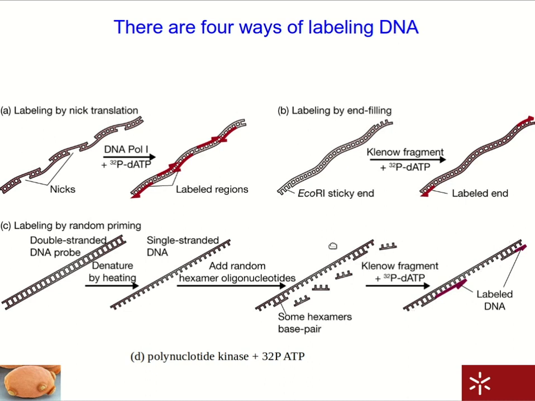In this case, we can say that the activity, that is, the amount of radioactivity per molecule, is higher in the C case here because we add more radioactive DNA effectively. In this case, we only add small stretches at the end of the molecule, so the activity of the probe is lower.